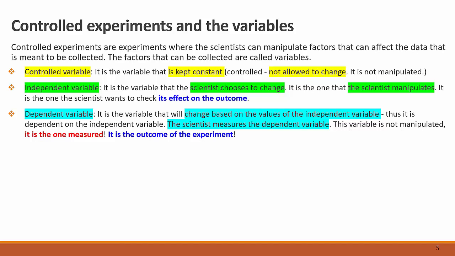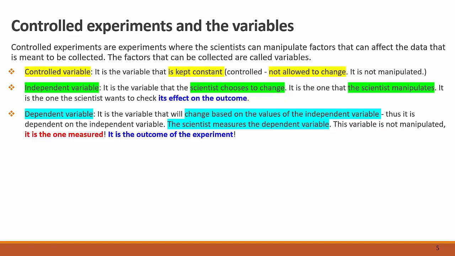So for our experiment to be valid, to be able to tell us just the effect of water, we need to limit the type of plants. We control that. So we do the experiment only on one type of plant. So that's a controlled variable.